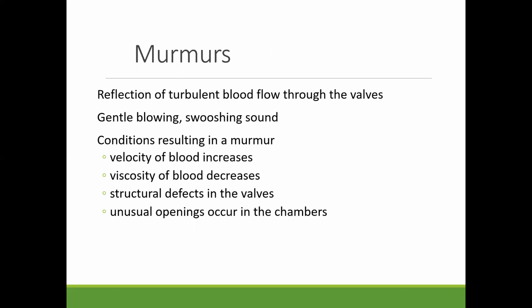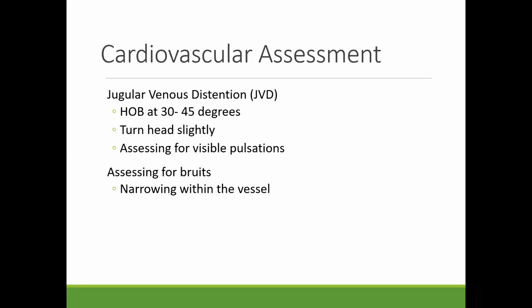Murmurs, again, there are different grades, but what you have to know is conditions. There's velocity of blood increases, viscosity of blood decreases, structural defects in the valves when we talk about infective endocarditis, unusual openings in the chambers. When you get into peds, you'll talk about the different heart defects in utero as well as when the baby's born.